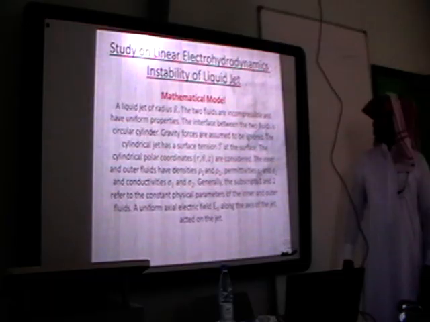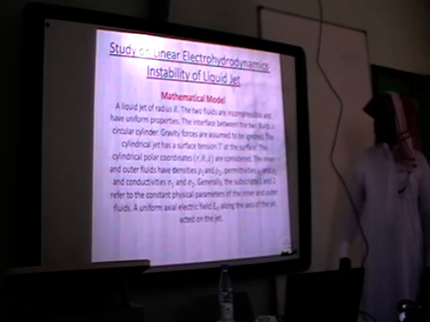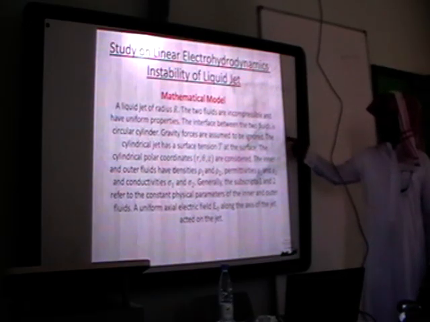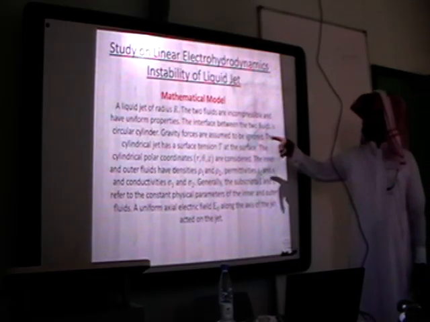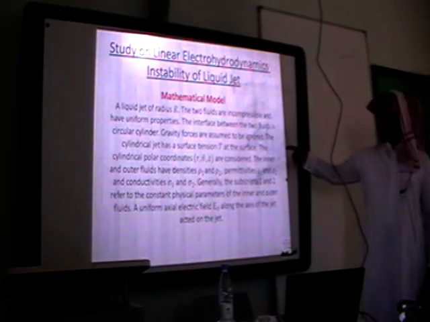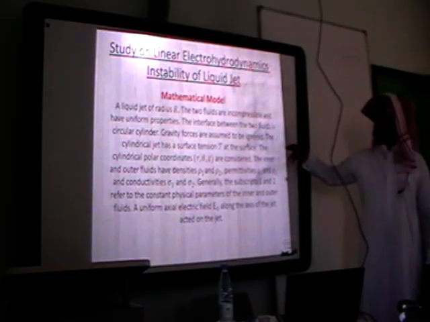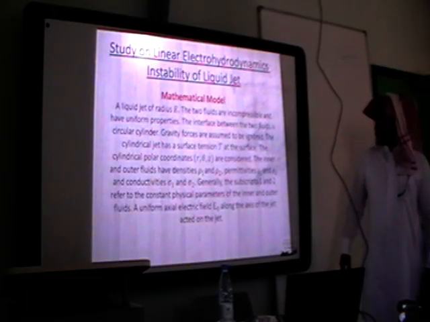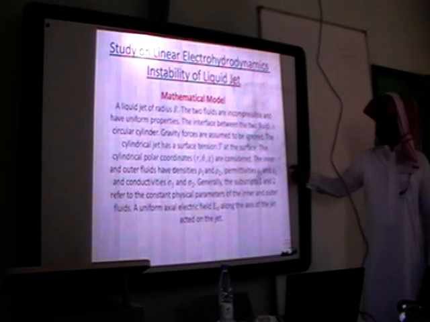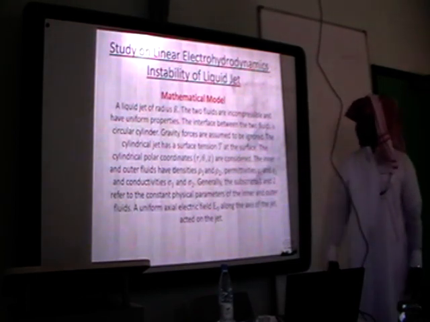The mathematical model: a liquid jet of radius R. The two fluids are incompressible and have uniform properties. The interface between the two fluids is cylindrical. The gravitational force is ignored. The cylindrical jet has a surface tension T at the surface. Cylindrical polar coordinates r, theta, z are considered.